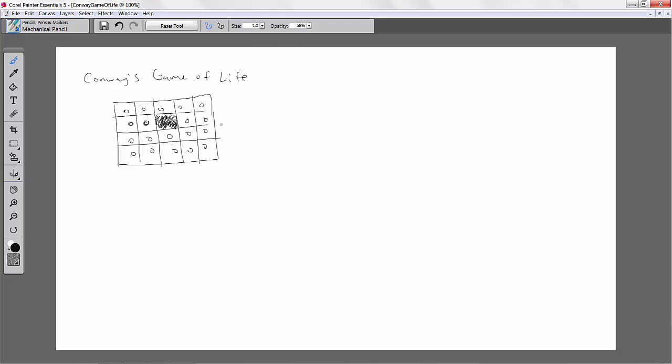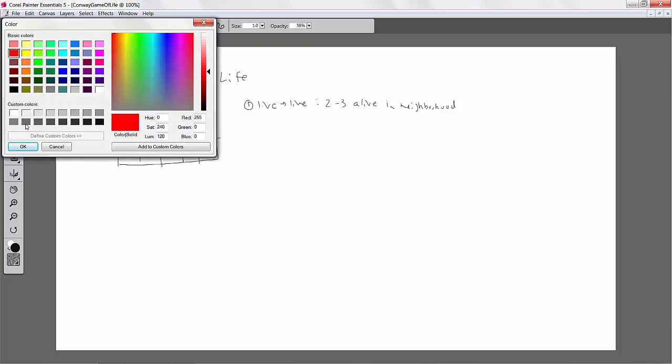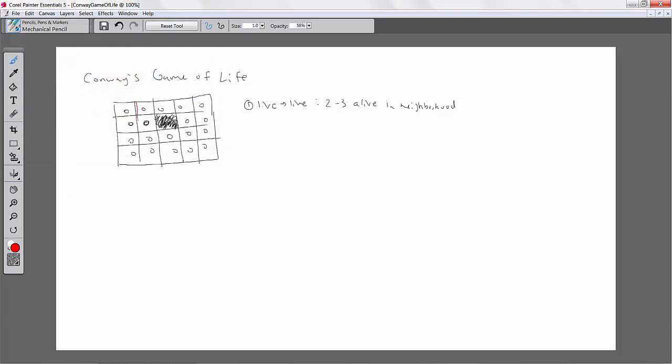Now, Conway's game of life defines a particular transition function with the following rules. The first rule is that a live cell remains alive if it has two or three alive cells in its neighborhood, where the neighborhood is defined as the group of cells that are within one distance of a particular target cell.